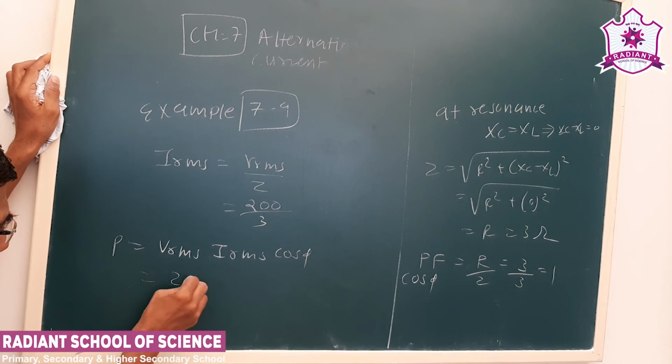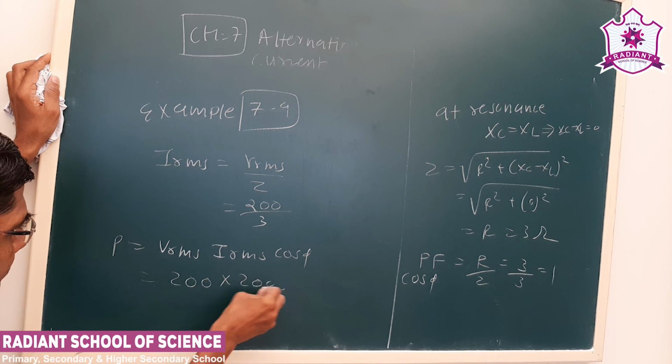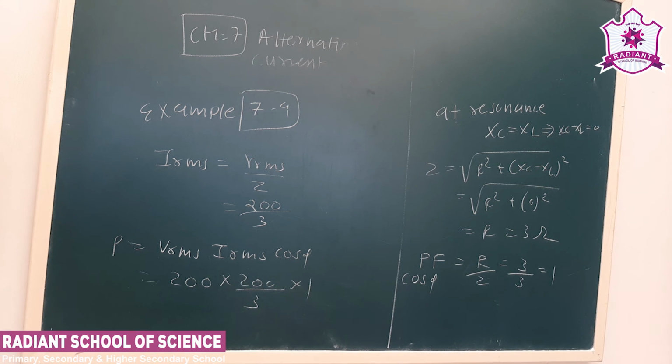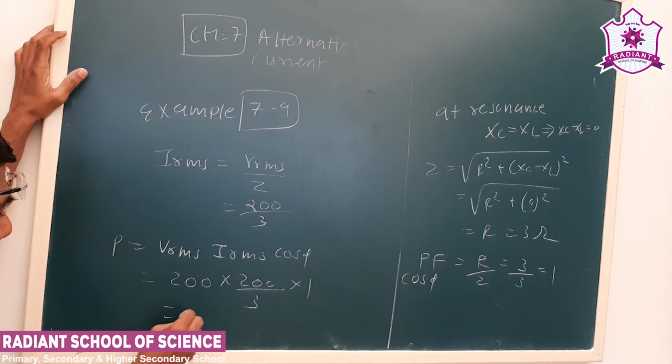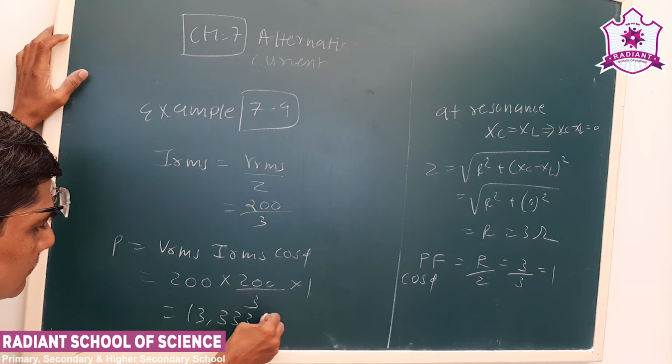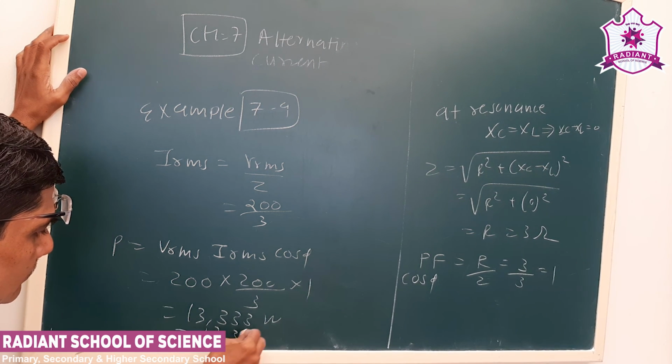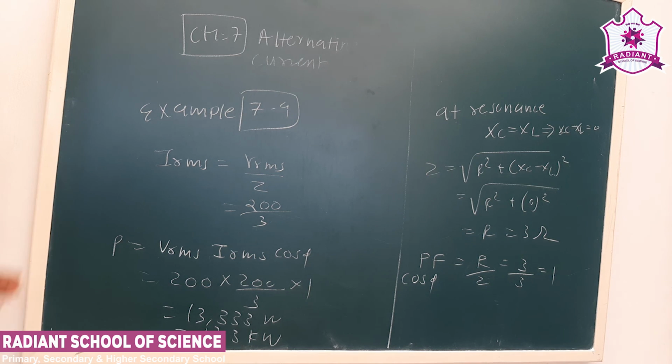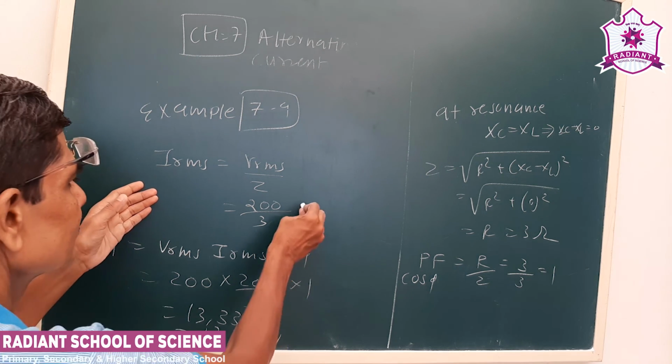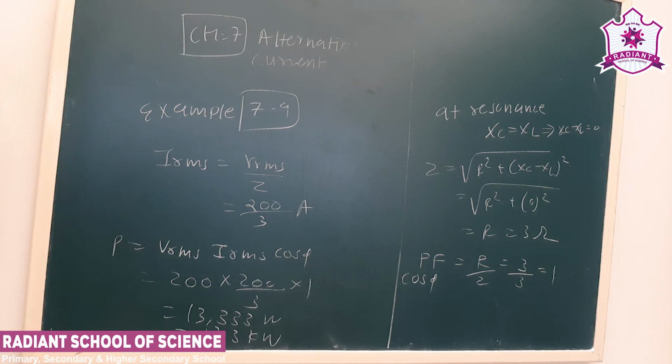Here VRMS is 200. Now you can easily calculate. So this is how we can calculate the value of the current and the power in the condition of resonance.